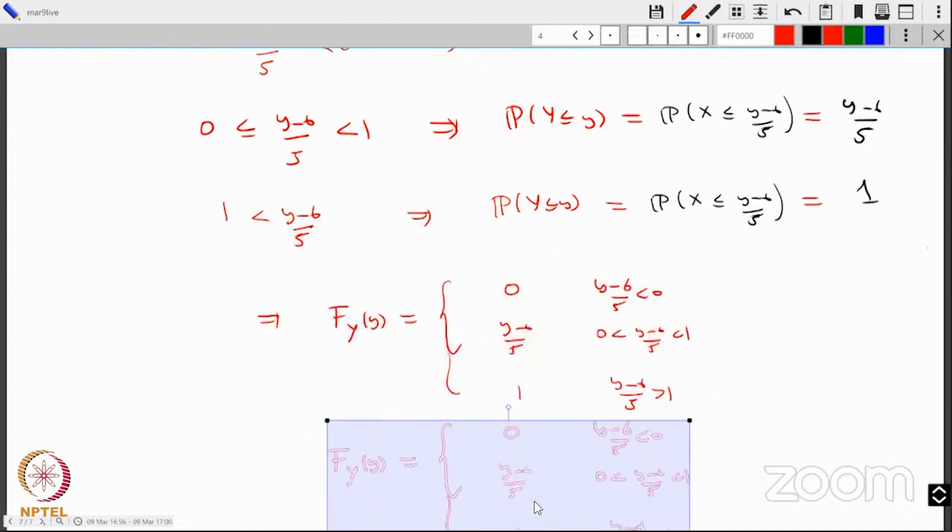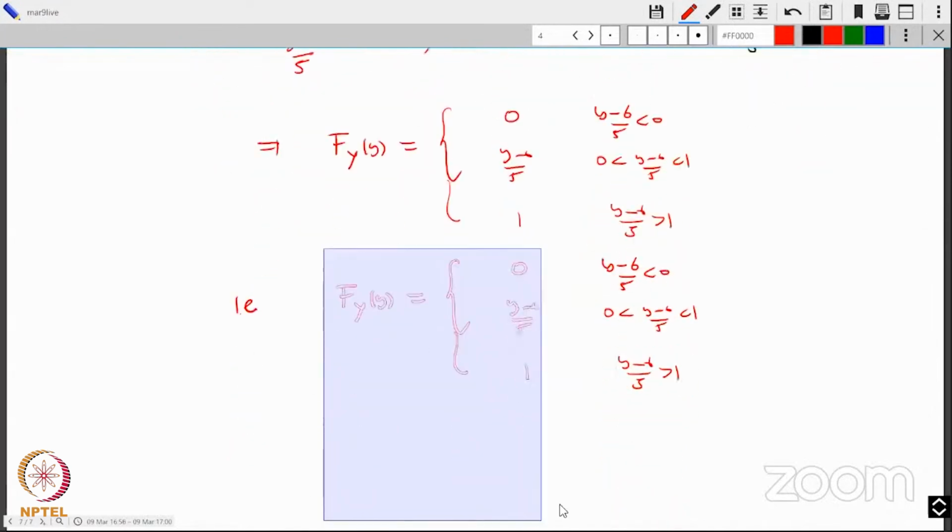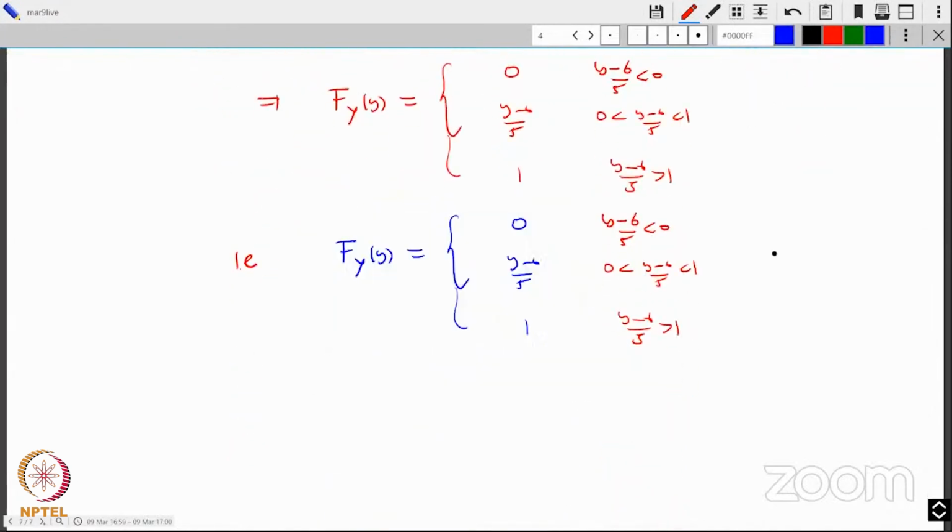So now let me replace that a little bit. Duplicate it, we'll bring it down. Let me make all this in blue so it's easier for us. Now how do I change this? This is the same as y less than 6, because I multiply the inequality by 5. What is this one? Multiply by 5, I get 0 on this side, 5 on that side, and I bring the 6. Did I get it correctly?